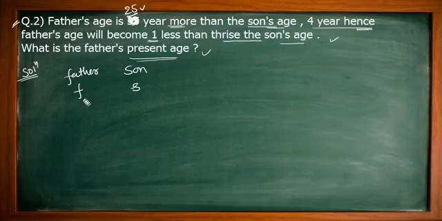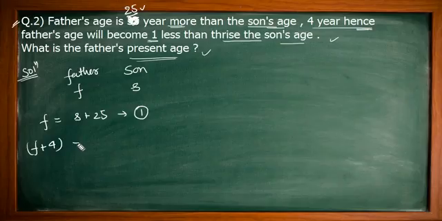Suppose the father's age is F, son's age is S, so F is equal to S plus 25. That is your first equation. And 4 years hence, that means F plus 4. 4 years hence, the father's age will become 1 less than thrice the son's.